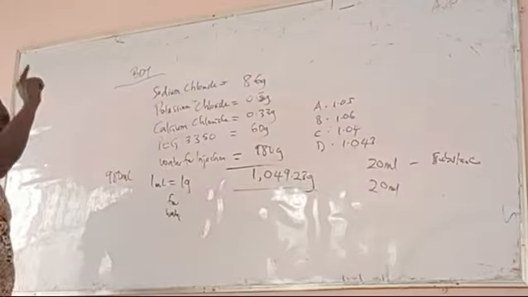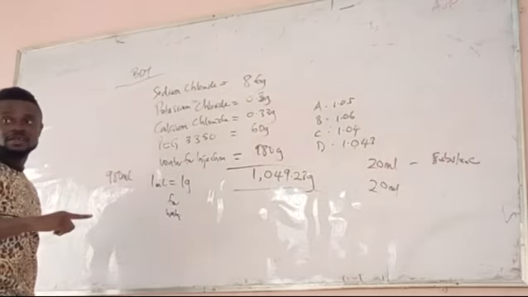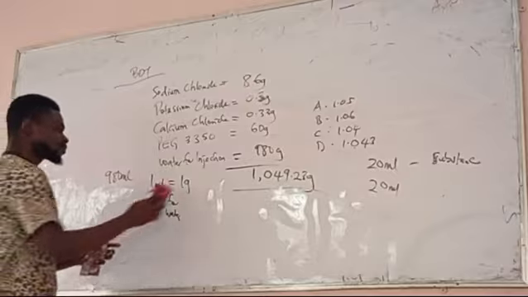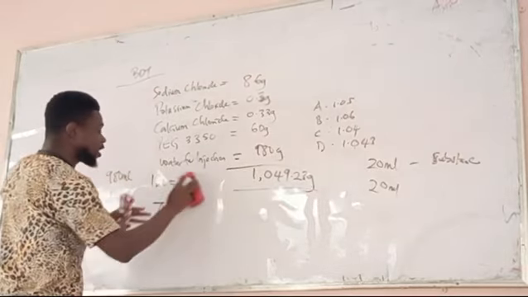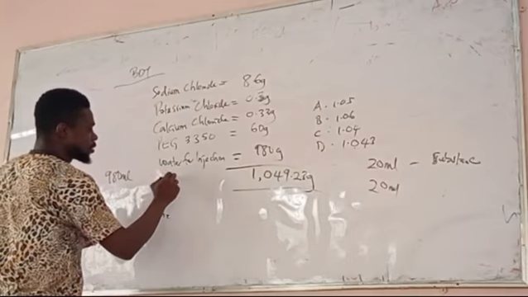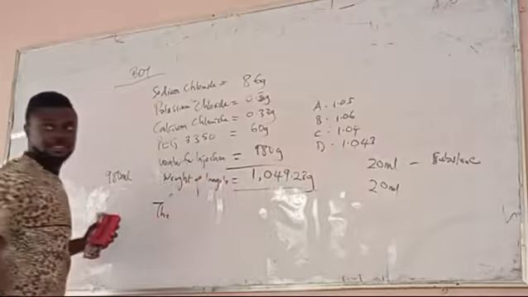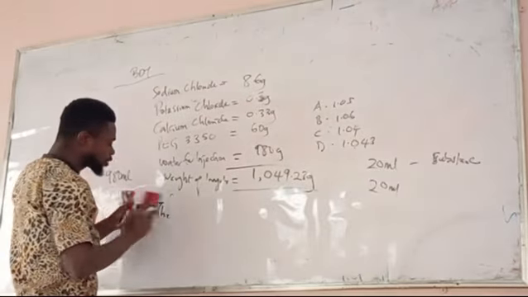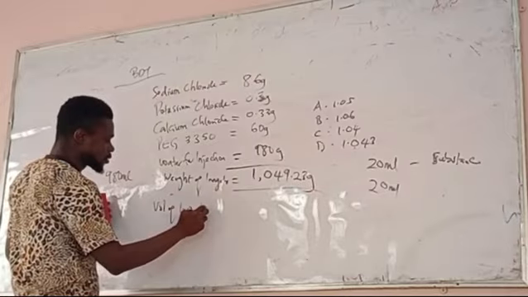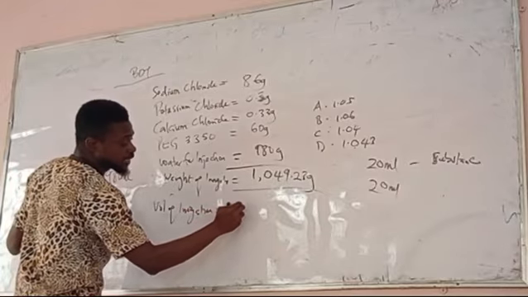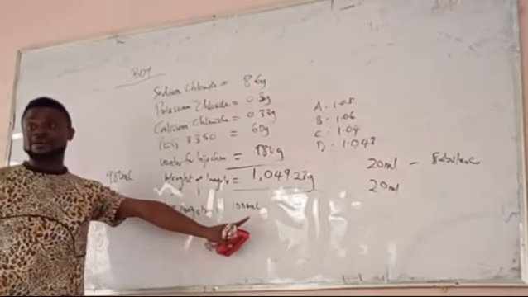From the formula, the entire volume of this Ringer's irrigation is 1,000 ml. So the volume of the irrigation is 1,000 ml.